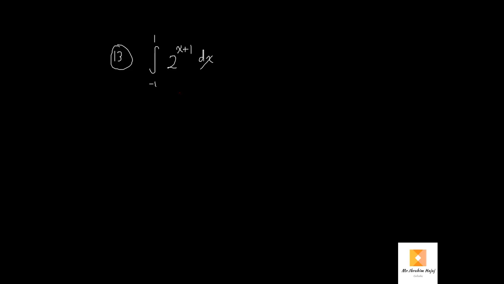Yes, I'm integrating this, by adding 1 to x plus 1? Mister, the topic has ln, right? Yes, sure. I expect it will become 2 to the x plus 1 over ln 2, right? Yes, over ln 2, excellent.